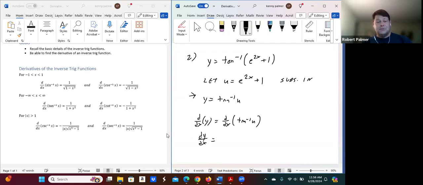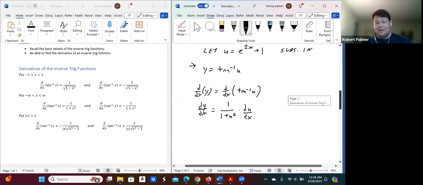The derivative of inverse tangent, using our rule, is going to be 1 over 1 plus u squared, just using u right here. But here, think about the chain rule, that u is a function of x, so it's going to be times du over dx.